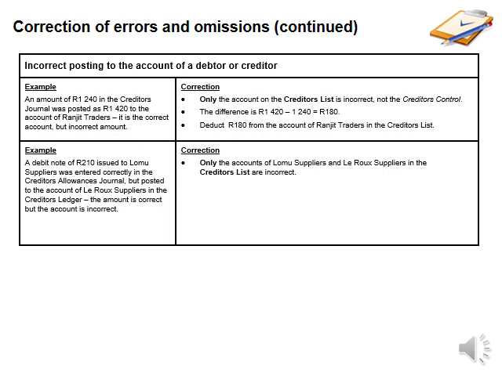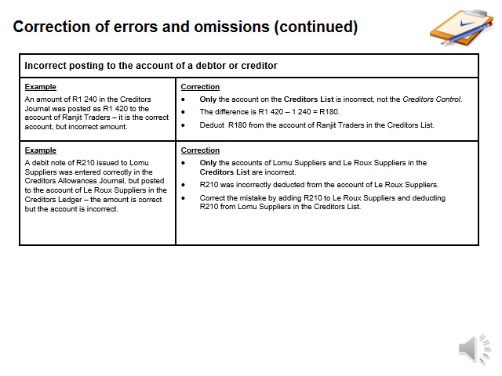It decreases. So we have decreased LaRue instead of Lomo. So that means 210 needs to be added to LaRue and 210 needs to be subtracted from Lomo Suppliers to fix that. Even though the creditors control account is correct, the corrections will be made in the creditors general journal, which will affect the journal debits and the journal credits.